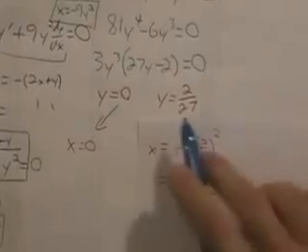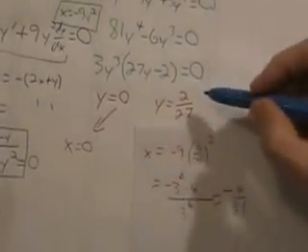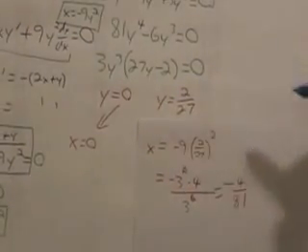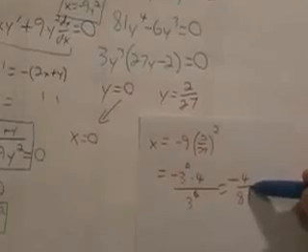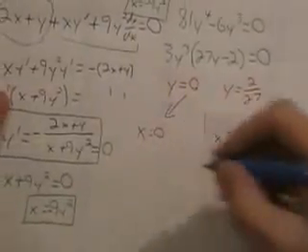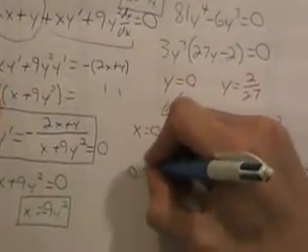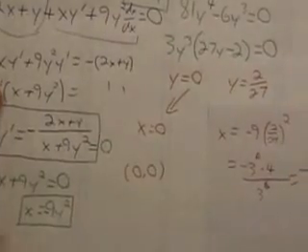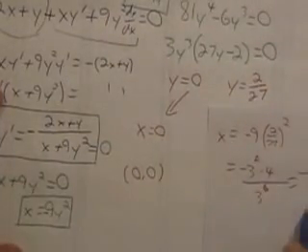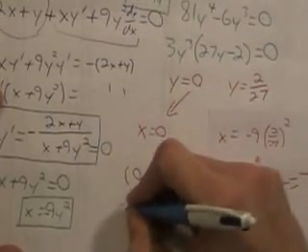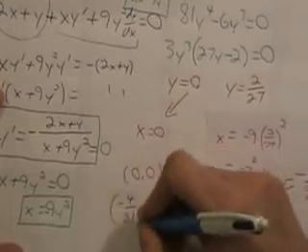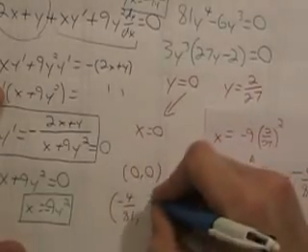So when y is 2/27, x has to be minus 4/81. That gives us the points (0, 0) and (-4/81, 2/27).